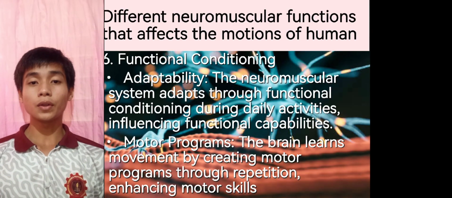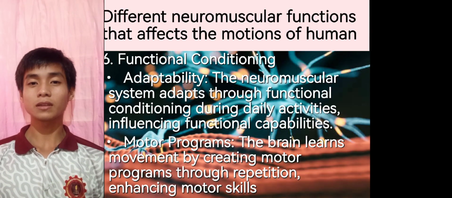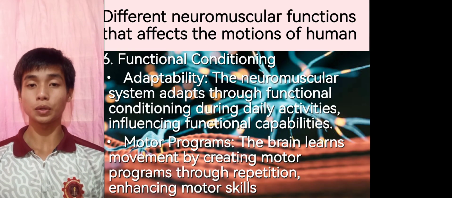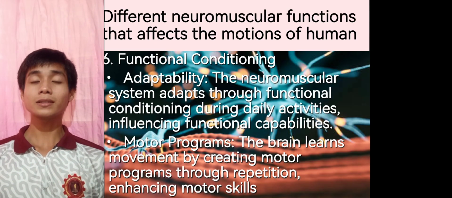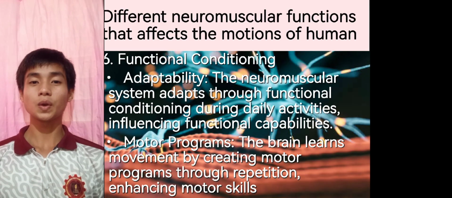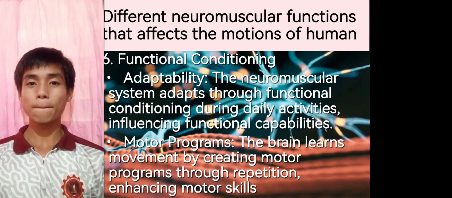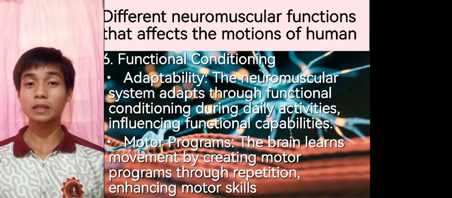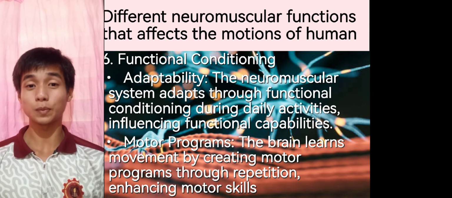On the other hand, motor programs are patterns stored in the brain that help automate movements through repetition. For example, think of learning to ride a bike or play the piano. At first it's hard, but with practice, your brain creates motor programs that make the movements automatic and smooth.